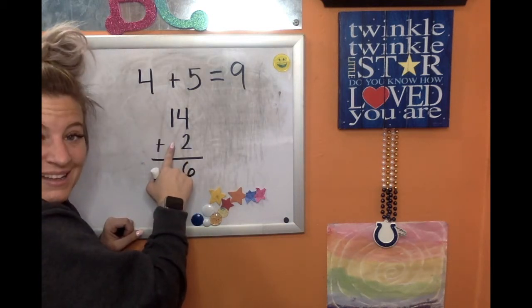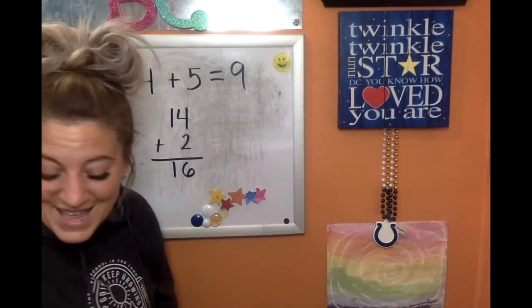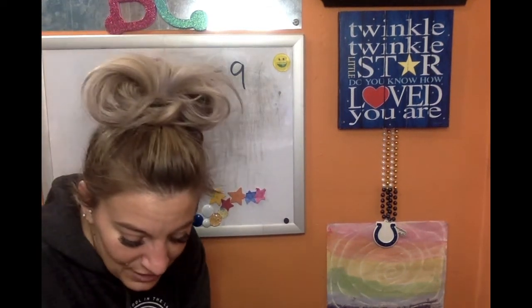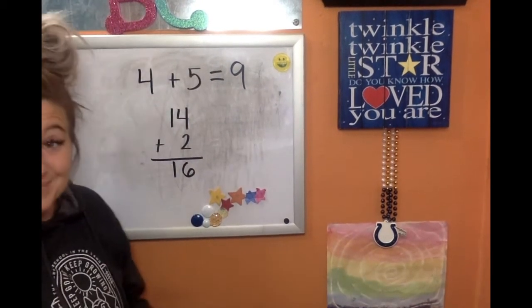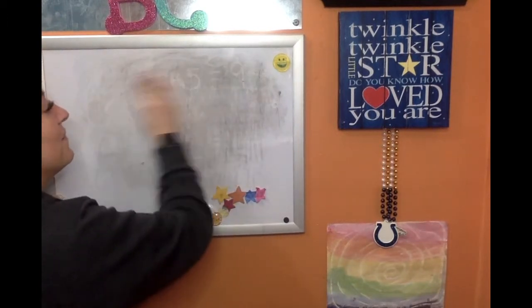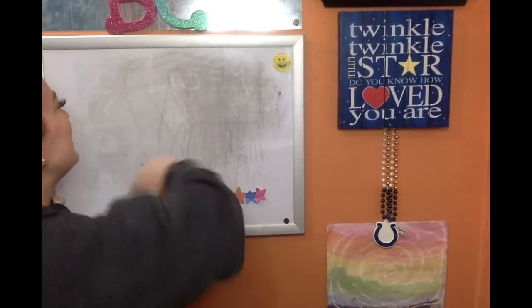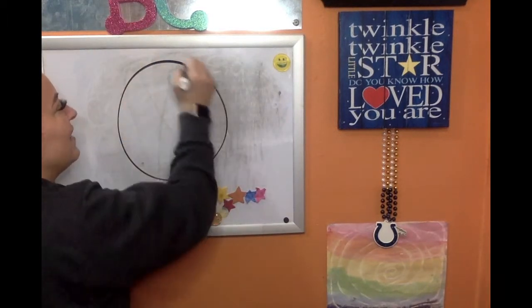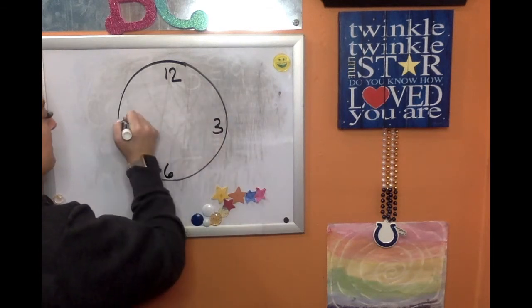What is that? 1. Good work. Did you guys write those answers on your papers? You did. Woohoo! Okay, now we're gonna do telling time because it's so much fun. We love telling time.